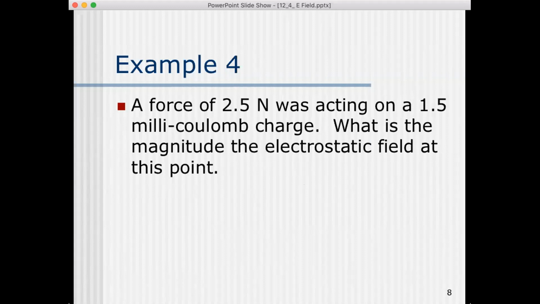So I'm going to put down the givens again for you. We have the electric force, 2.5 newtons, and we have a charge of 1.5 millicoulombs. And this is example 4. So let me just switch back to Ziggy.